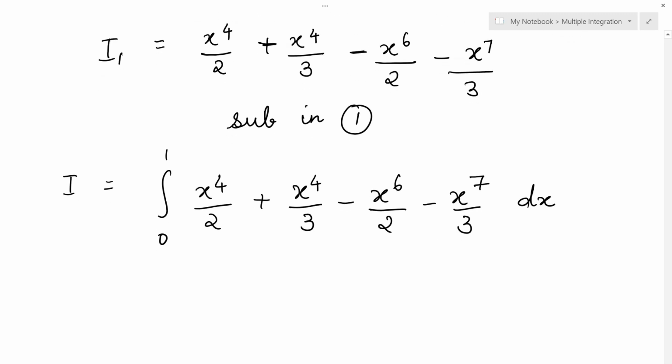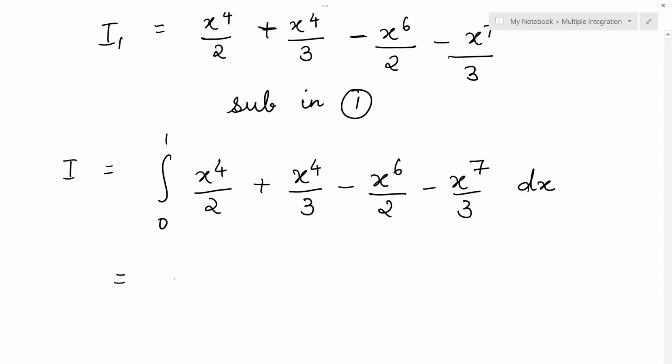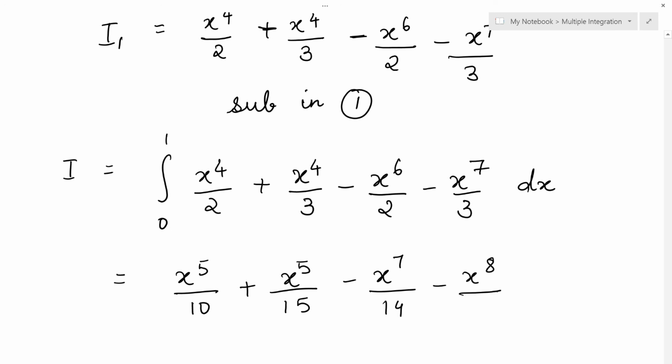Okay, so now it's a simple integration, single integration it is. So x raised to 5 by 10, x raised to 5 by 15, x raised to 7 by 14 and x raised to 8 by 24. The limits of integration are 0 to 1.